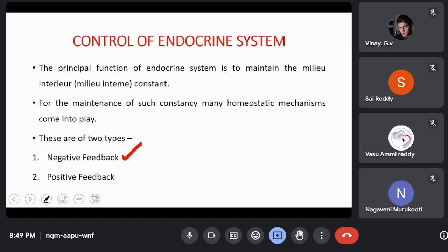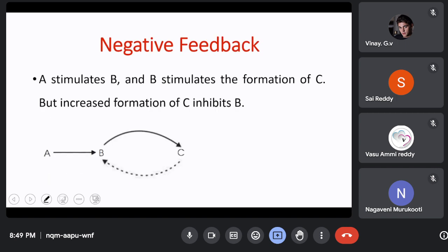One is negative feedback control or mechanism, the other is positive feedback control or mechanism. Simply, we can see this like this: A stimulates B, and B stimulates the formation of C, but increased formation of C inhibits B.